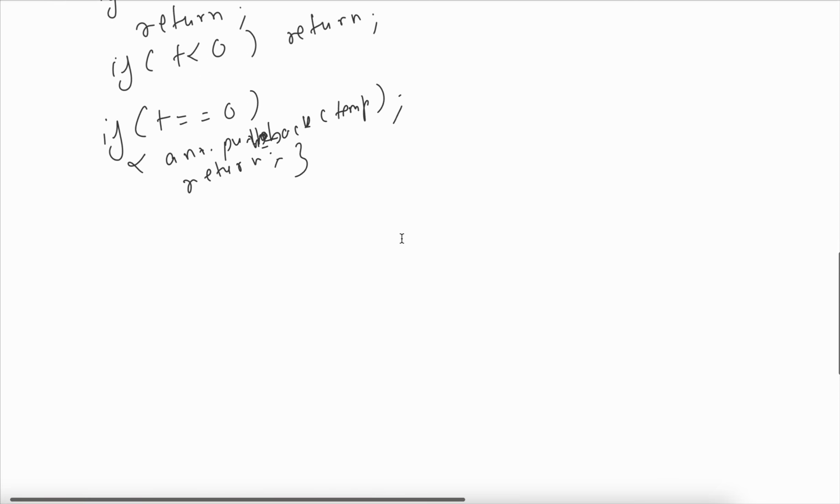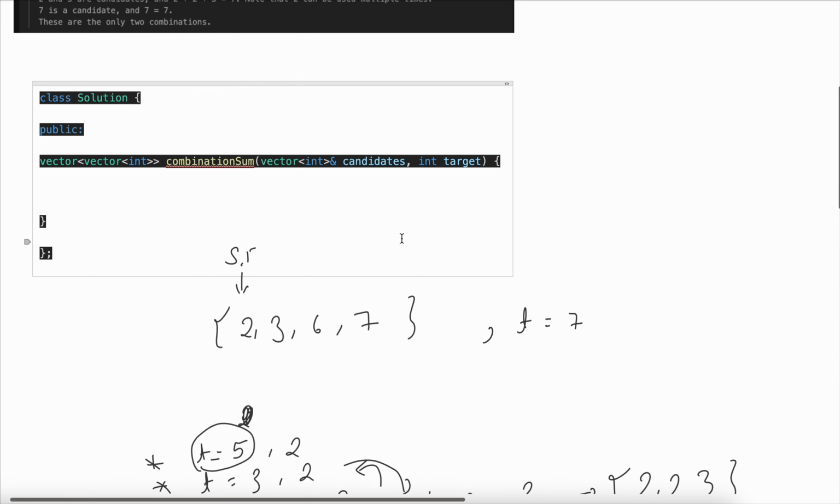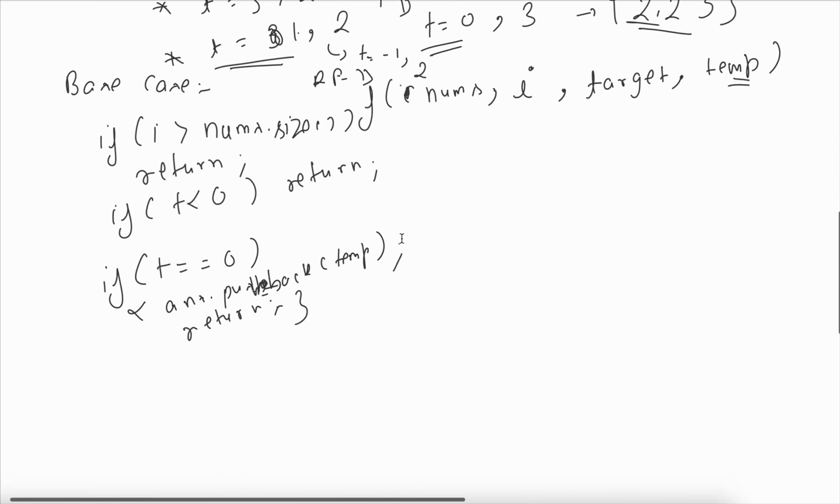What are we given? We have a vector of int combination sum. This is actually a function.